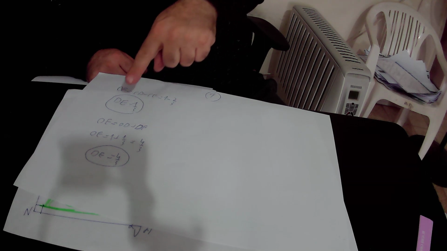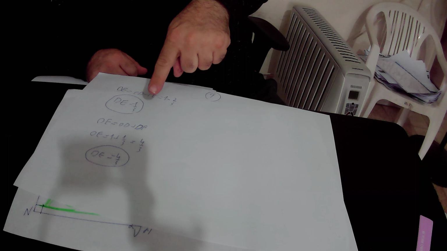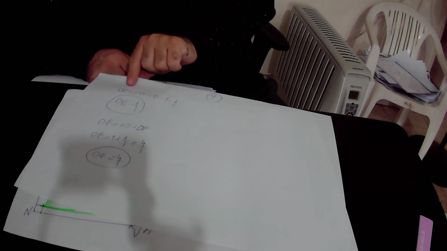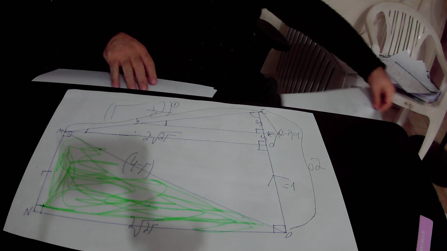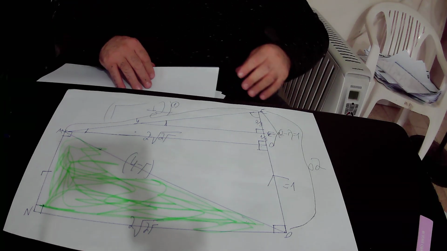So in total we got that OE equals 1 plus a third. 1 plus a third is 4/3. We found out that OE equals 4/3 units, and then we connected points O and M together by a straight line.